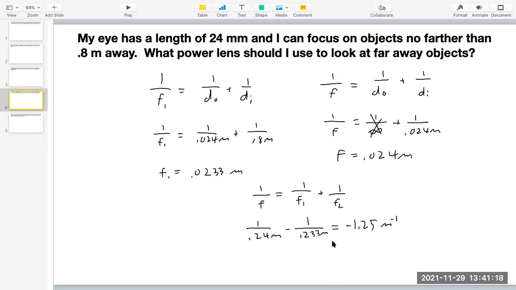So it's going to be minus 1¼ diopters, or a focal length of minus 0.8 meters.